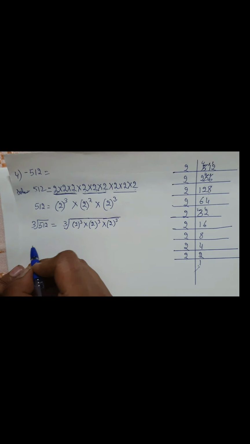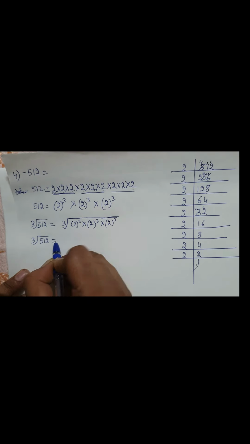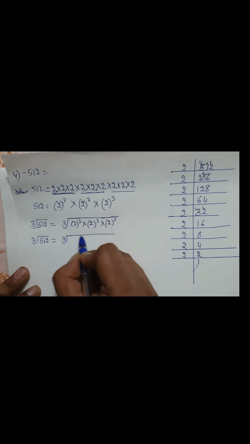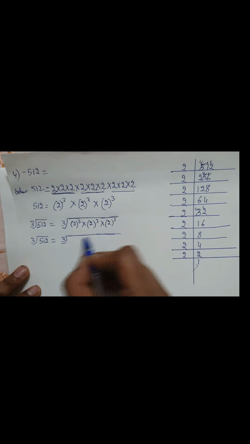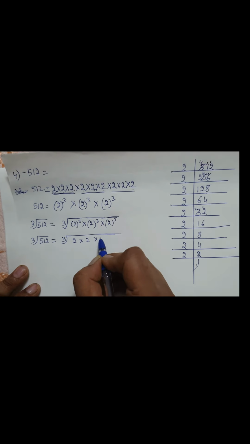Again we will write cube root of 512 is equal to, extend this radical sign and bring all these numbers down. 2 multiplied by 2 multiplied by 2.